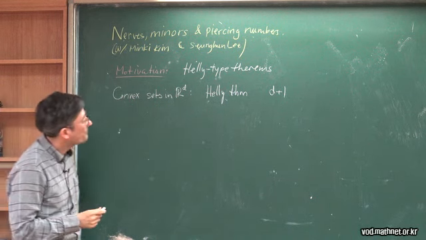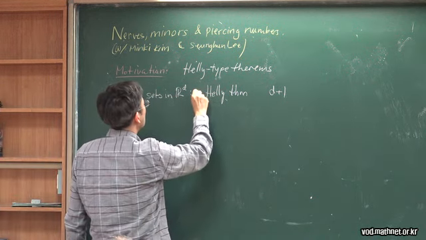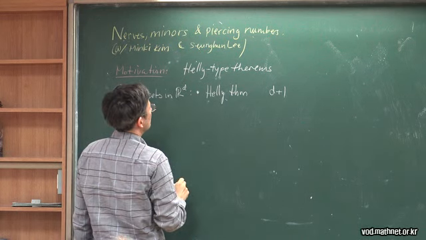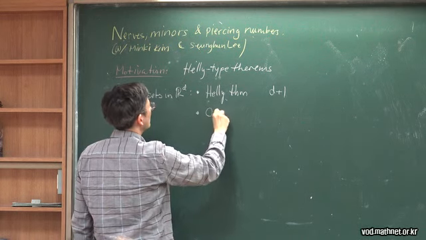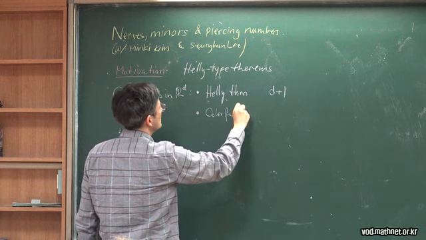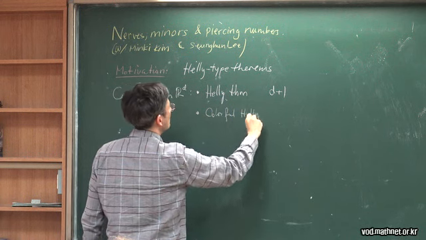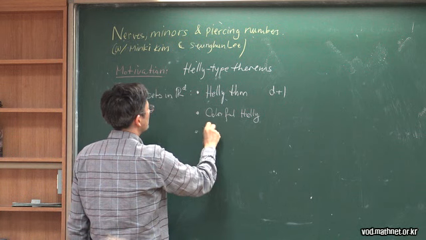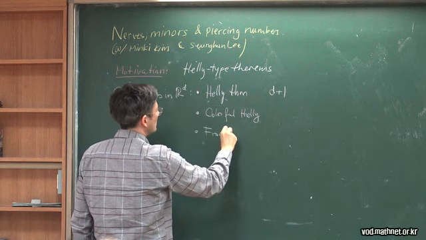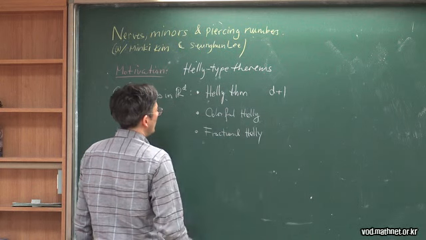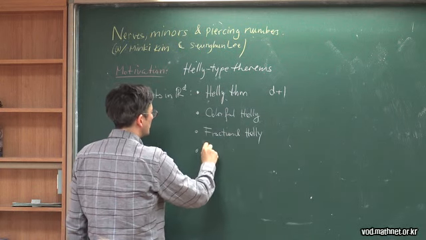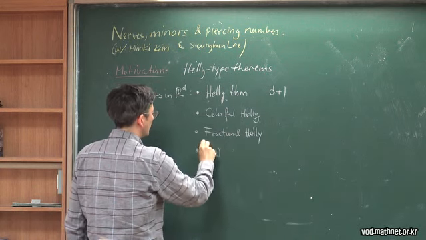There are more recent generalizations of this. There's something called colorful Helly. There's something called fractional Helly. And then there's even something called the PQ theorem. That's the name, PQ theorem.